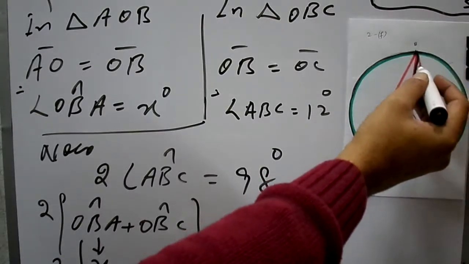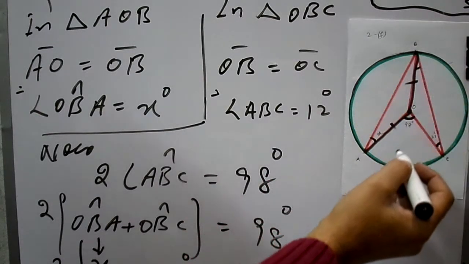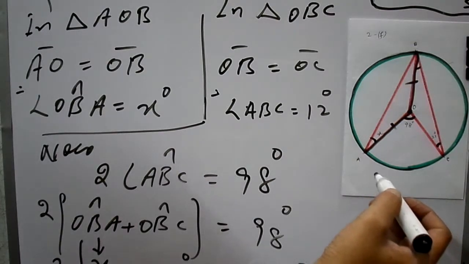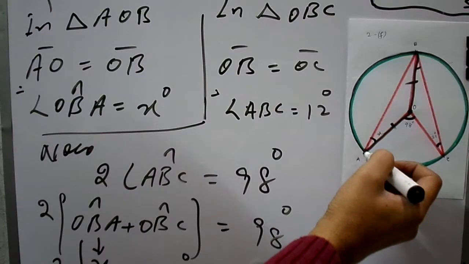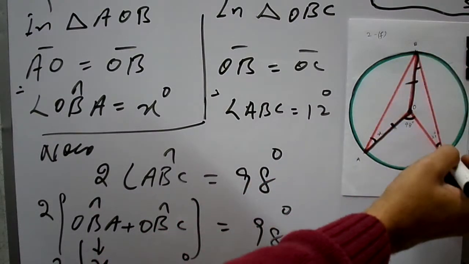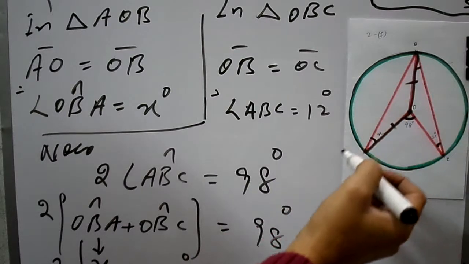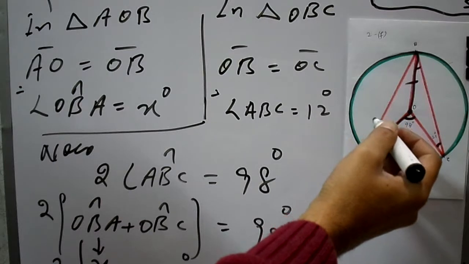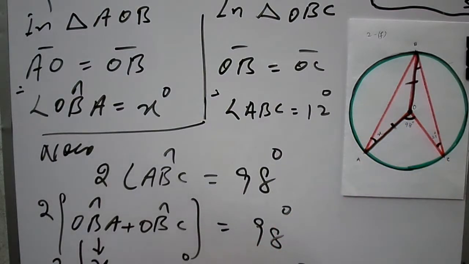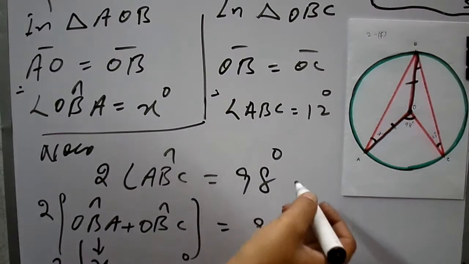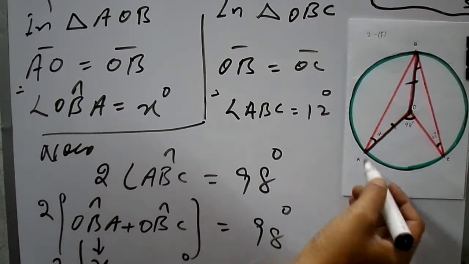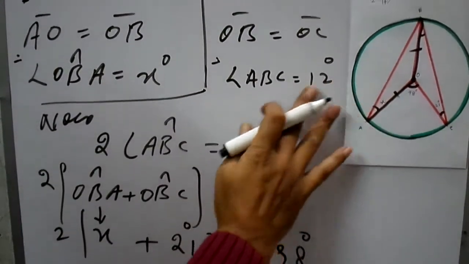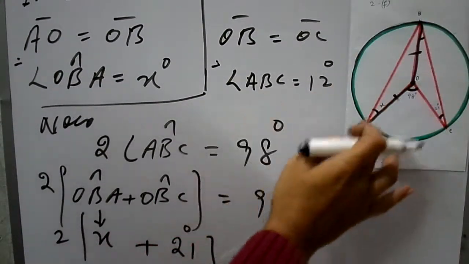So the angles are equal. Why have I written here 12?